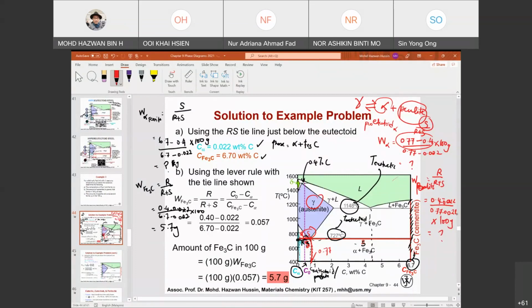Actually, Yong Ong, since your friend Kashin has calculated the value for you, you can also use 1 minus pro-eutectoid alpha, 1 minus alpha, to get the weight fraction of perlite. So it doesn't necessarily have to be this one.